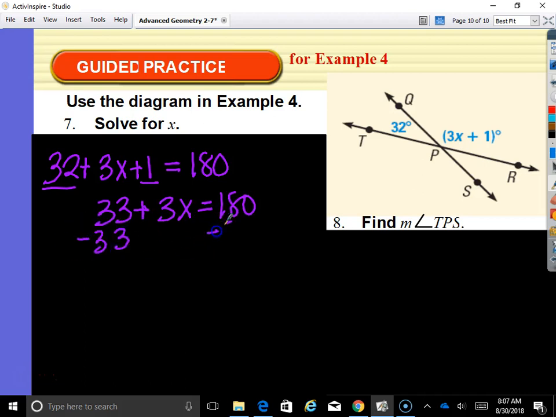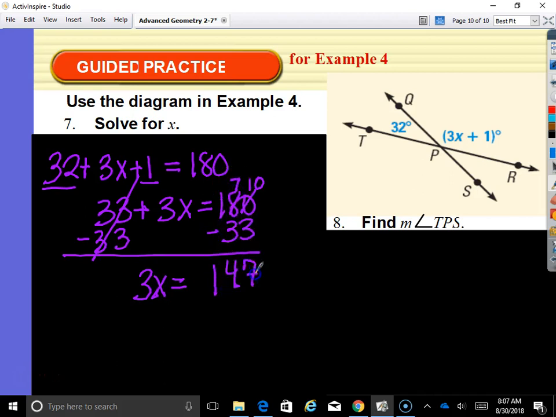Subtract 33 from both sides. 3x equals 147. Divide by 3. x equals, 3 times 4 would be 12, 2 more to get to 14, so 27. So that'd be 9? 9 times 3 is 27. So 49. x equals 49.